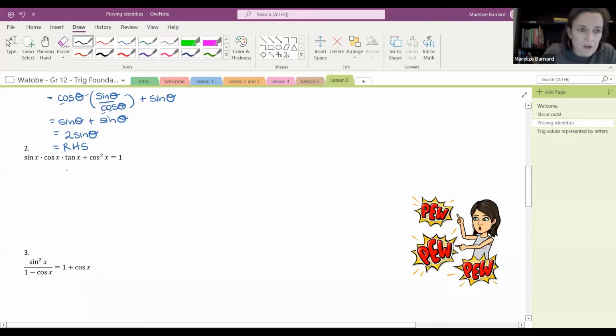Okay, let's have a look. So we're definitely going to start with the left-hand side because it's more complicated. It's more stuff, more sines and coses and tans on the side. And then tan x is sin x over cos x plus cos squared x.